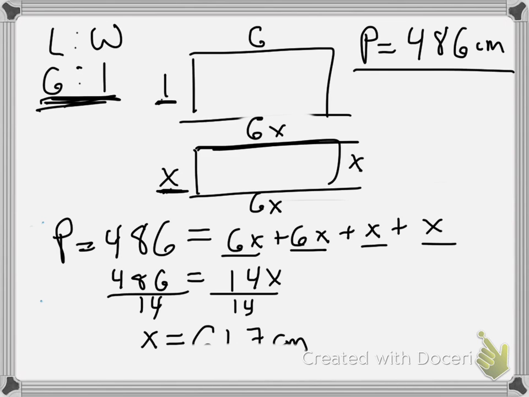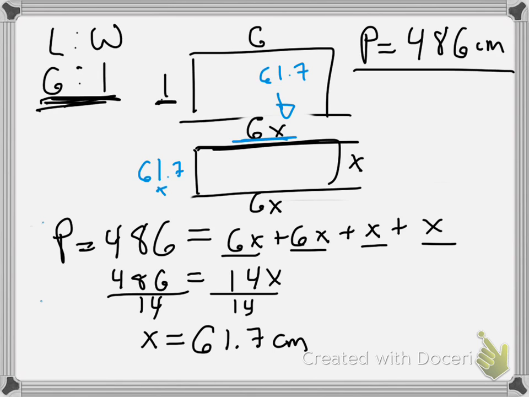Now that I know that x is 61.7, I can go back here and just plug that in, right? So this side would have to be 61.7, and that was x. So then if I know what x is, I can figure out what this is. I'll just put 61.7 in there for x.